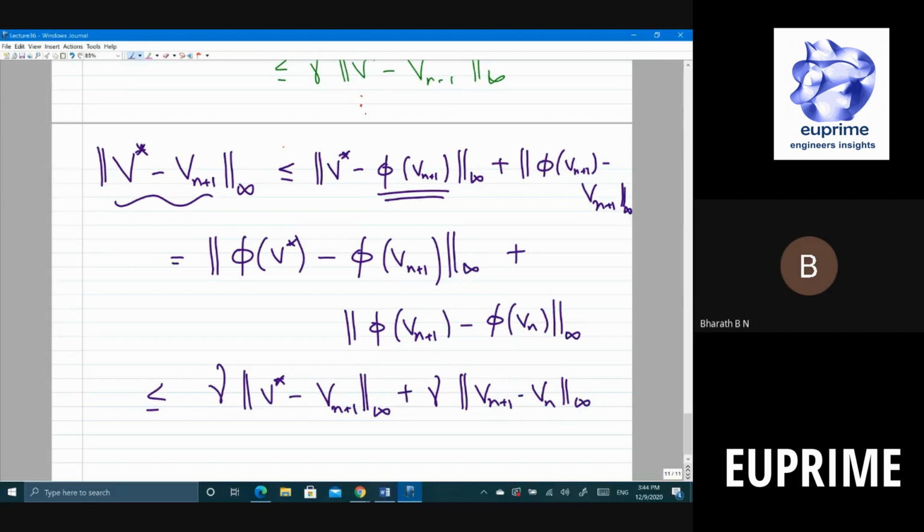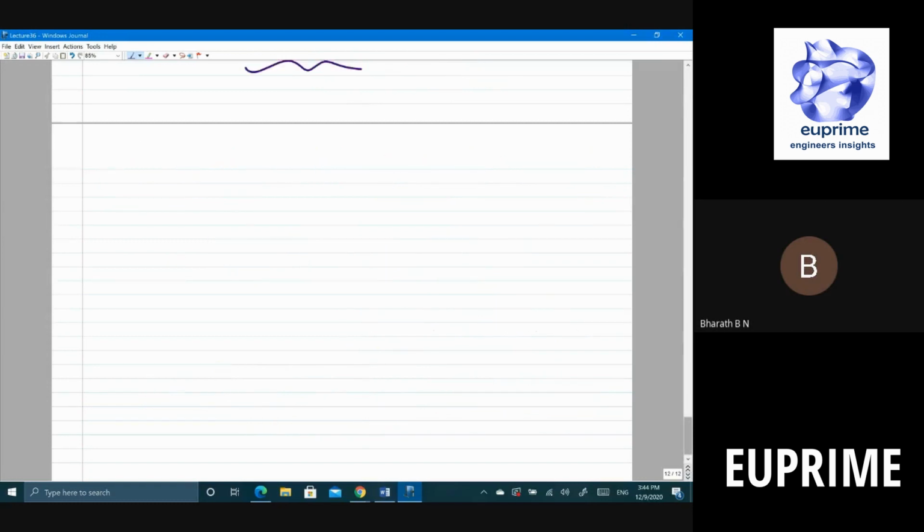Okay, fine. So if you look at this, the left hand side and the first term are the same. So rearranging terms, we get that v star minus vn plus 1 infinity norm is at most nu over 1 minus nu times vn plus 1 minus vn infinity norm.